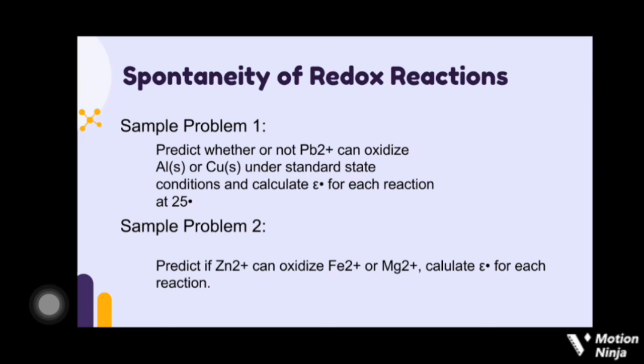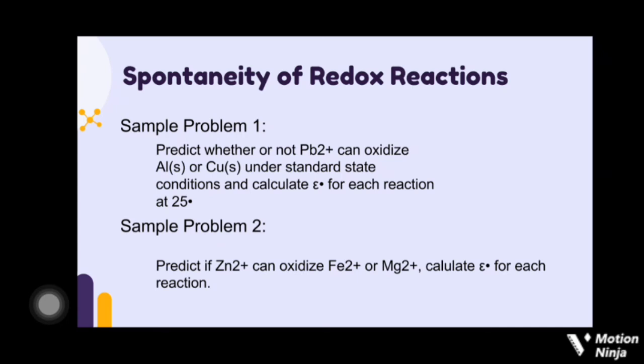So let's proceed. Steps in calculating this. First, find the cell potential of reduction and the cell potential of oxidation using the half reaction table.